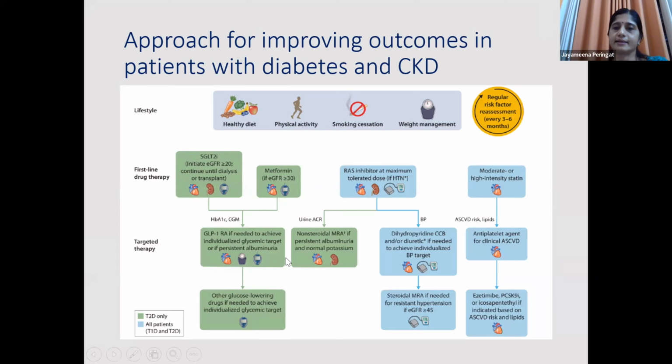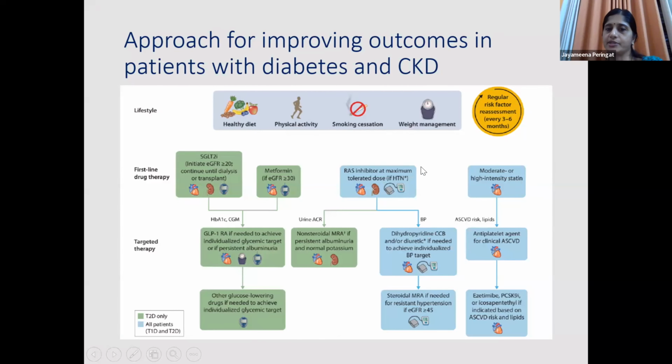And the next is targeted therapy. They recommend a GLP-1 receptor agonist to achieve an individualized glycemic target, or if there's persistent albuminuria. Other drugs are to be added down the line to achieve the glycemic target.